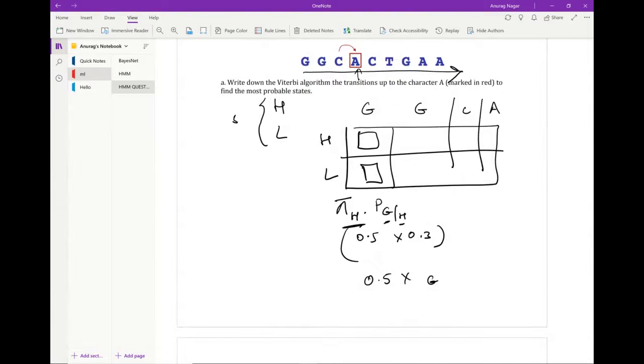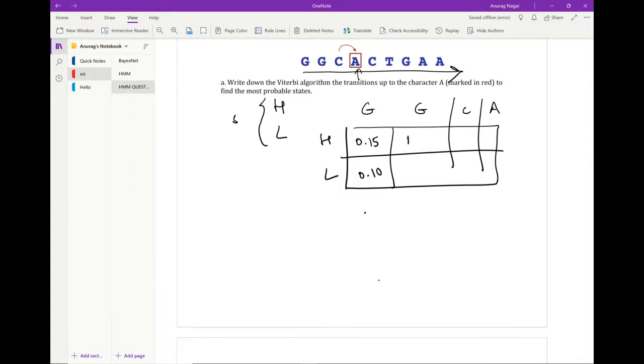So multiplied by 0.2. So this will be 0.15, and this will be 0.10. Now that is fine, and let's look at what this next value will be.